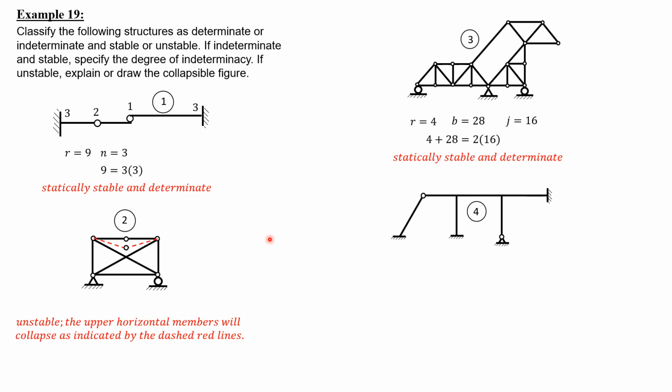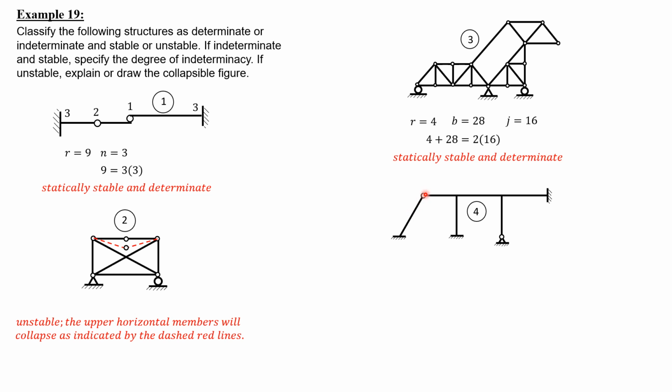Then this is a frame. The criterion is if R plus 3 times bars is equal to 3 times joints plus number of conditions, then we say that the frame is statically stable and determinate. First for reactions, 3 here, 3, 2, so 8 plus 3, 11.